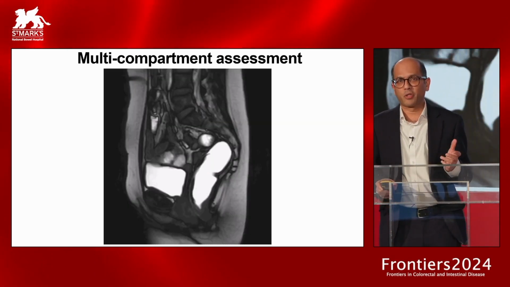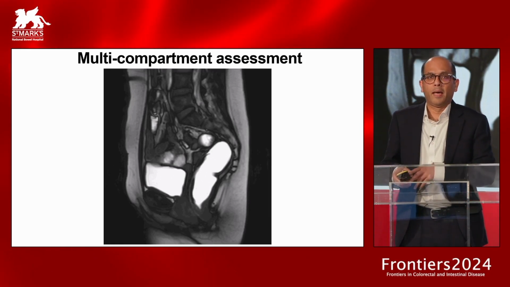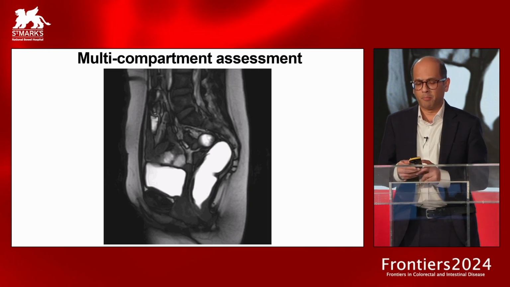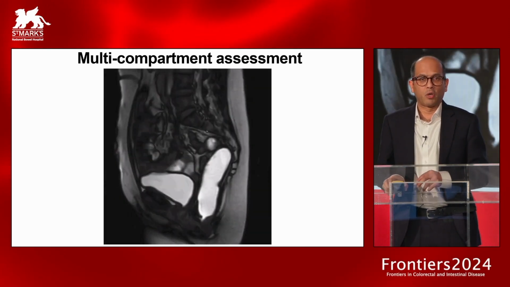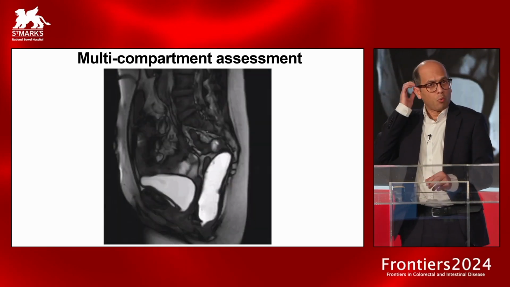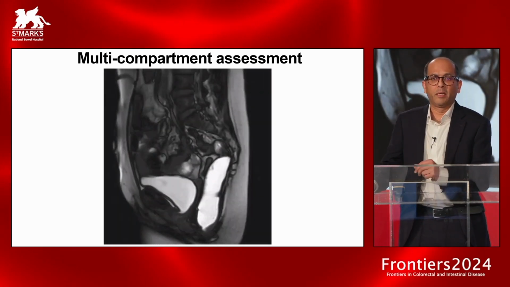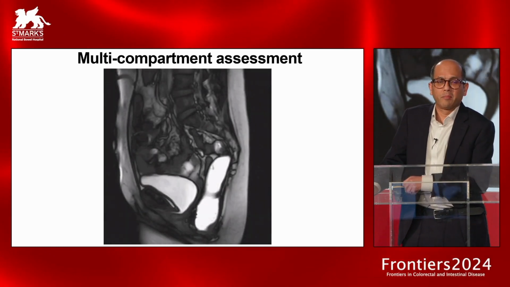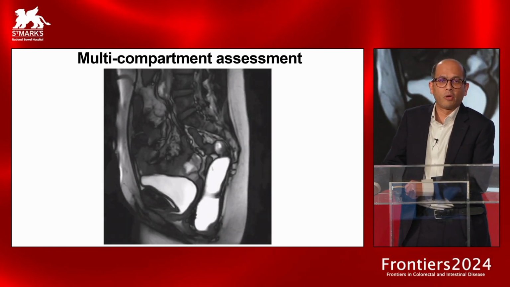One of the things I haven't touched on, but which is actually a fundamental benefit, and in some ways one of the key utilities of MR proctography, is that you can provide a multi-compartment assessment. So in this patient, we can see not only the rectum, but what's happening to the bladder. It's more the rectum that's descending, really going quite low.